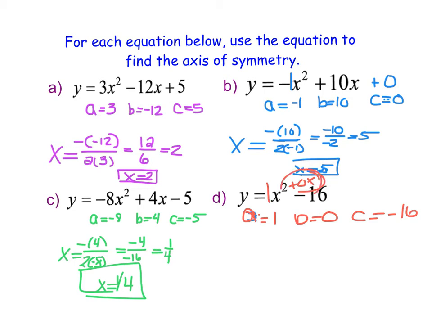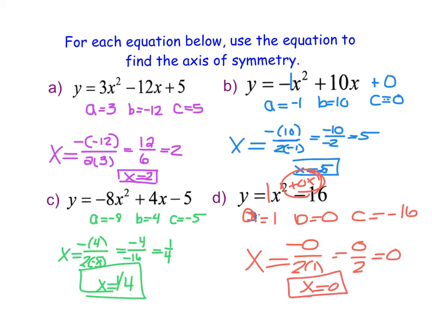There's really an imaginary implied 0x in there, and so our b value is equal to 0. So now we take x is equal to negative 0 over 2 times 1, which is 0 over 2, which is simply 0. So our axis of symmetry is x is equal to 0.